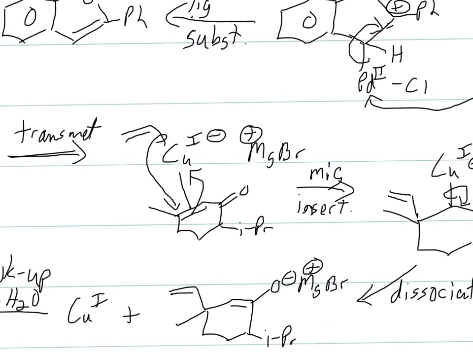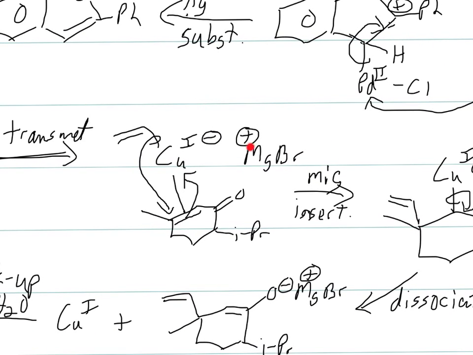So what it looks like is you have the magnesium with a plus charge, now the copper 1 with a negative charge with the ligand on the copper. So you really could say it's like a salt there. The copper is copper 1. It didn't change oxidation state, but now it has a negative charge. And you could probably imagine the actual negative electron density is on this ligand on the copper, the carbon.